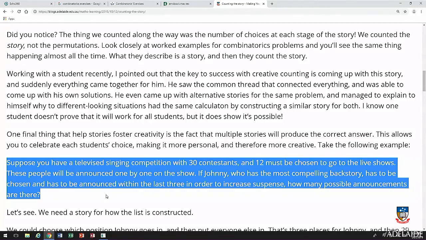Okay, so 30 contestants, 12 chosen. Yep. Johnny's in the last 3.